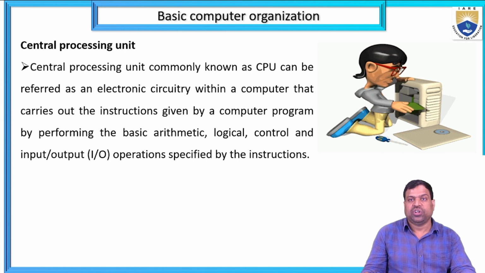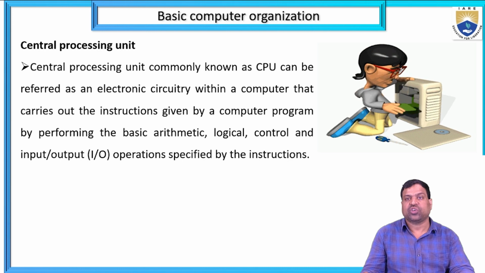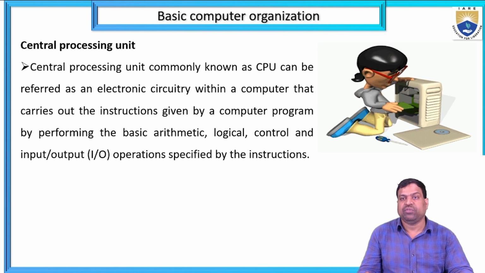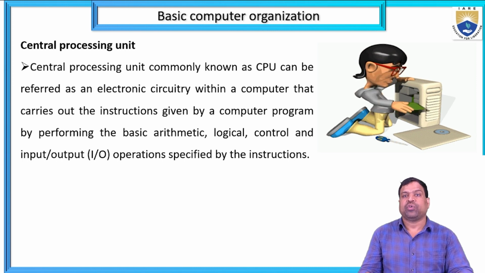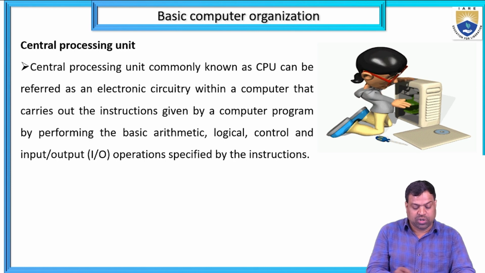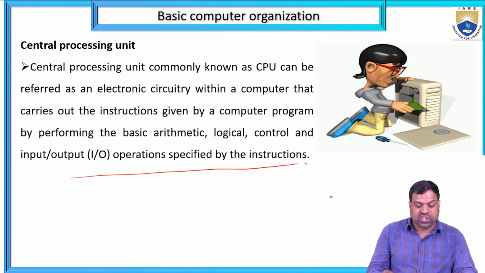The central processing unit, commonly known as the CPU, is the electronic circuitry within a computer that carries out the instructions given by a computer program by performing the basic arithmetic, logical, control, and input/output operations specified by the instructions.